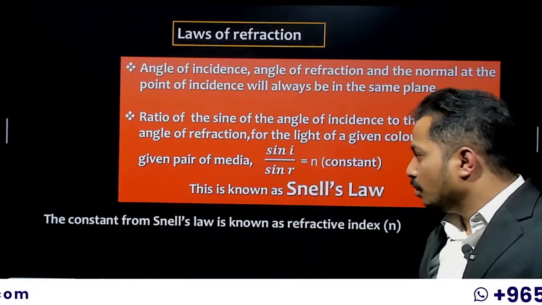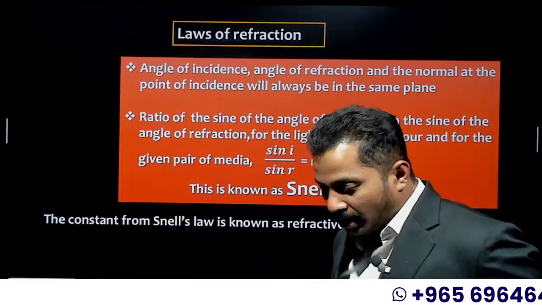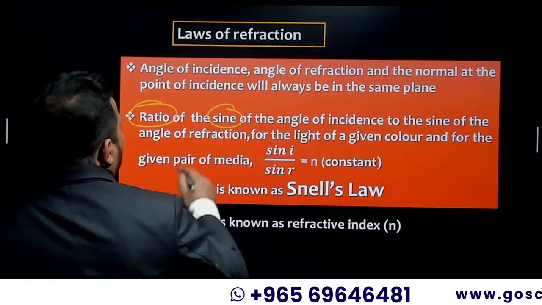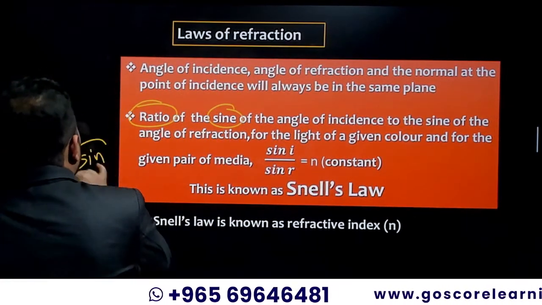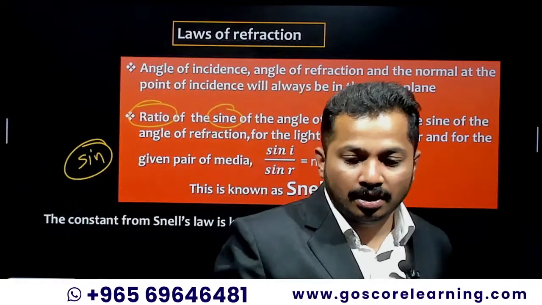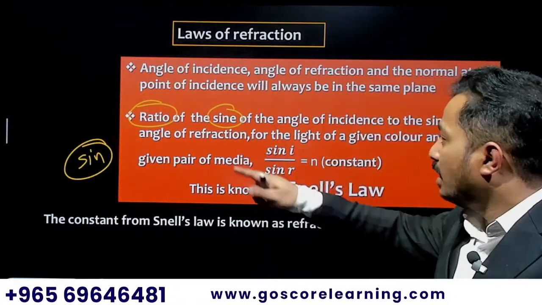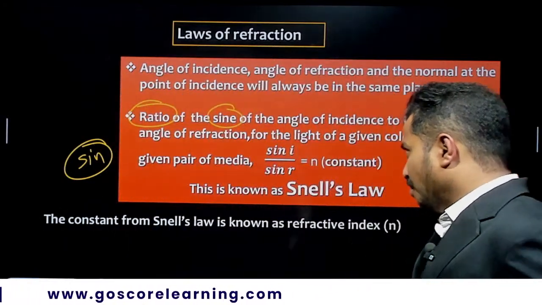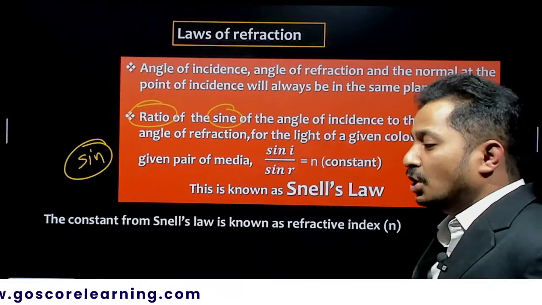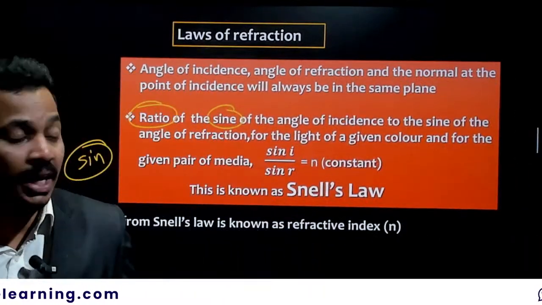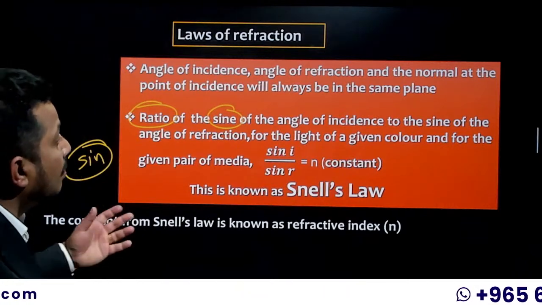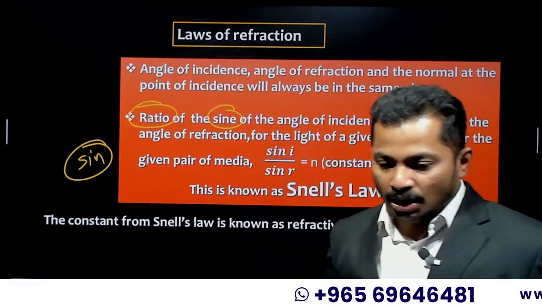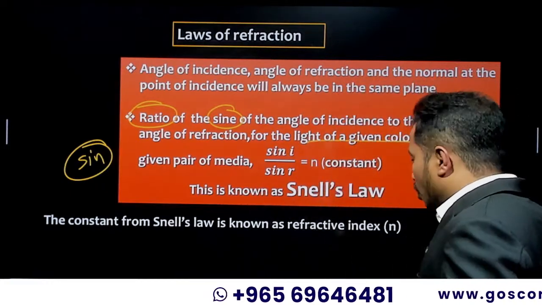Snell's law we need to explain. While writing the definition, don't write the mathematical function symbol sin, write sine in words. The ratio of sine of angle of incidence to the sine of angle of refraction is a constant for a given color and for a given pair of media. If you don't write this part, you will still get marks.